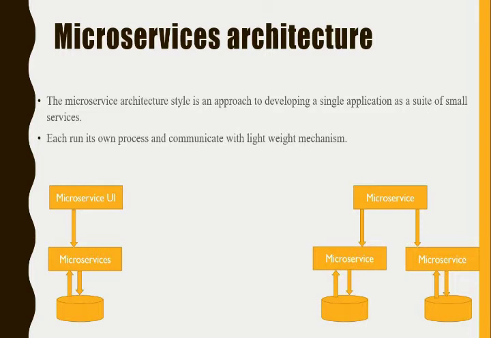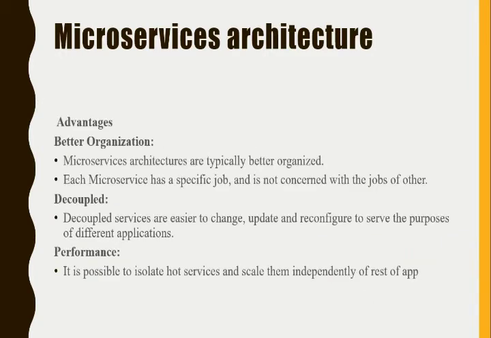There are many advantages of microservices architecture. For example, microservices architecture provides us better organization. Better organization means that as each microservice has a specific job and is independent of other microservices, they can be organized in a better way and easily.